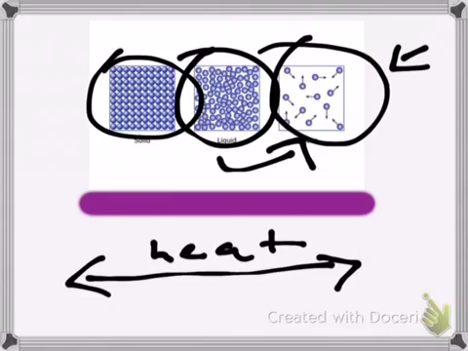As you can see, gas has literally no formation. They're free. So anyway, once we add heat to the liquid, it turns into a gas. And what we're going to call that is vaporization. And vaporization is when a liquid turns into a gas using heat.